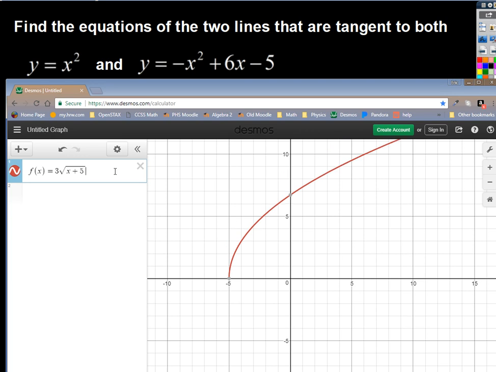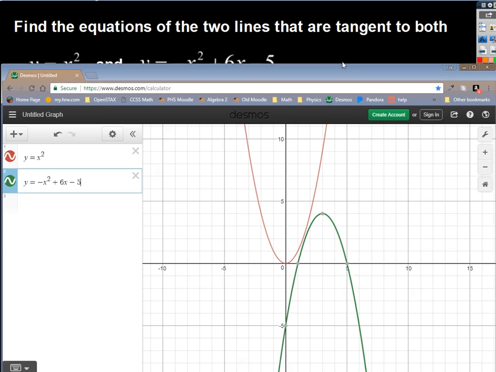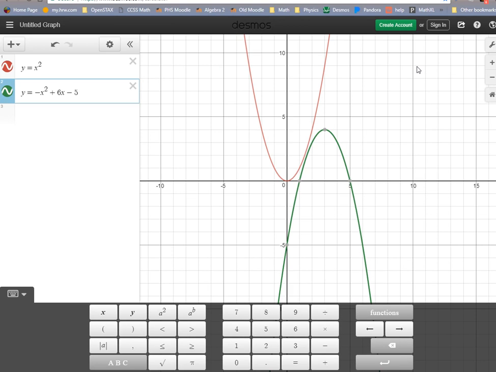So let's graph y equals x squared and y equals negative x squared plus 6x minus 5. Okay, so based on this picture, can you kind of see where there's going to be two tangent lines?